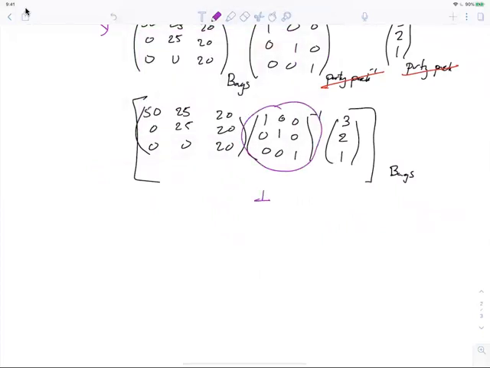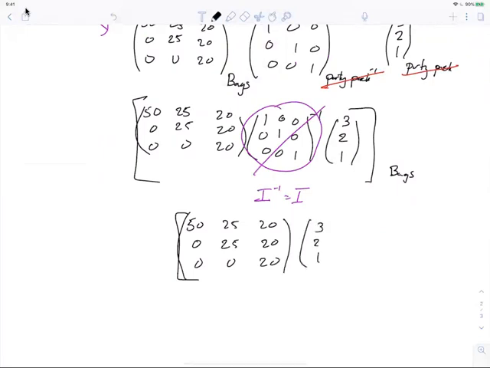So the identity inverse is just equal to the identity, which is the same thing as it just not existing. So altogether, the total number of bags that we have is just given by the multiplication that we just did. And we got 220, 70, and 20.